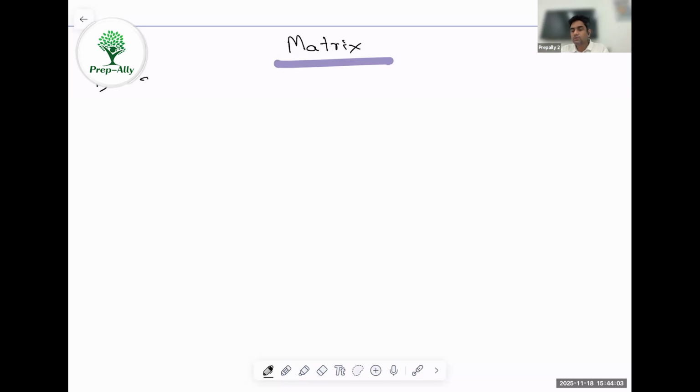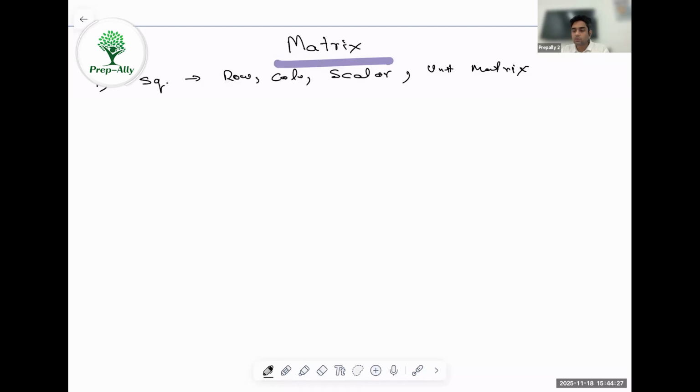All of you should know what a square matrix is. Then you should know what a row matrix is, what a column matrix is, what a scalar matrix is, and what a unit or identity matrix is.